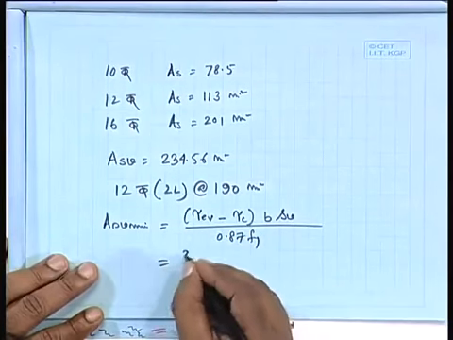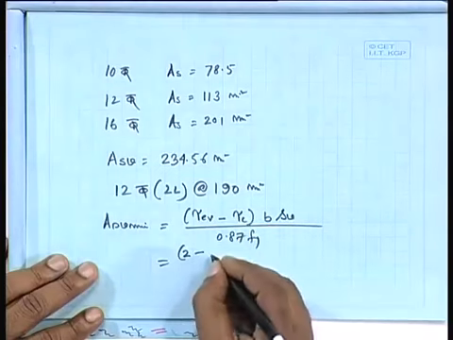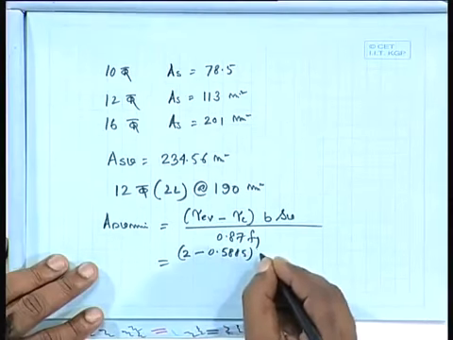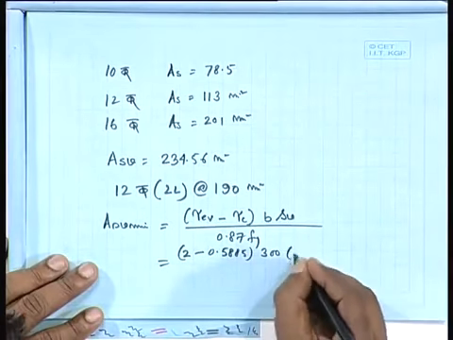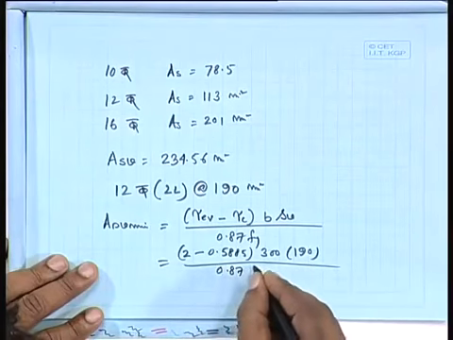Let us check it. 2, so minus 0.5885 times 300 times 190 divided by 0.87 times 415.